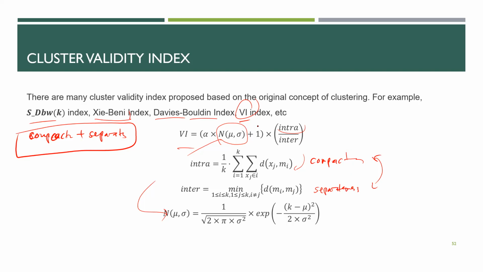Why does VI put one parameter, or one multiplication factor, here? Because actually, let's say we have SSE. SSE focuses more on compactness. Of course, we want SSE as low as possible.